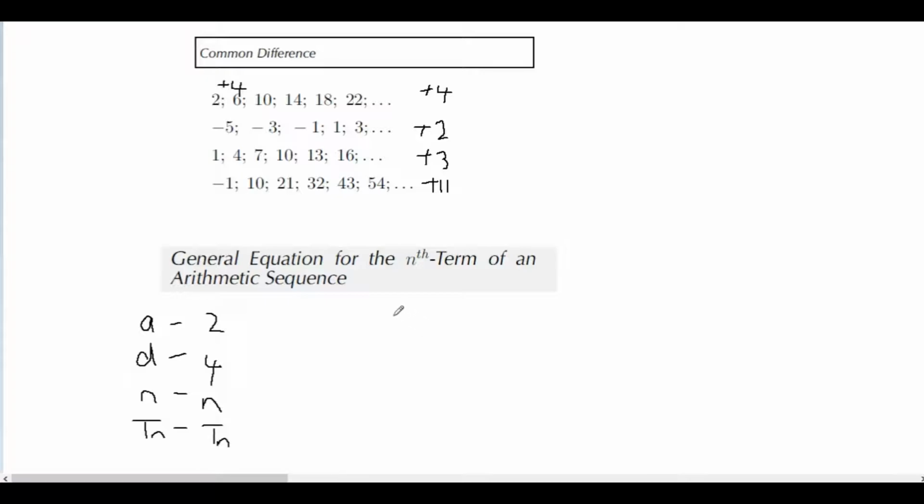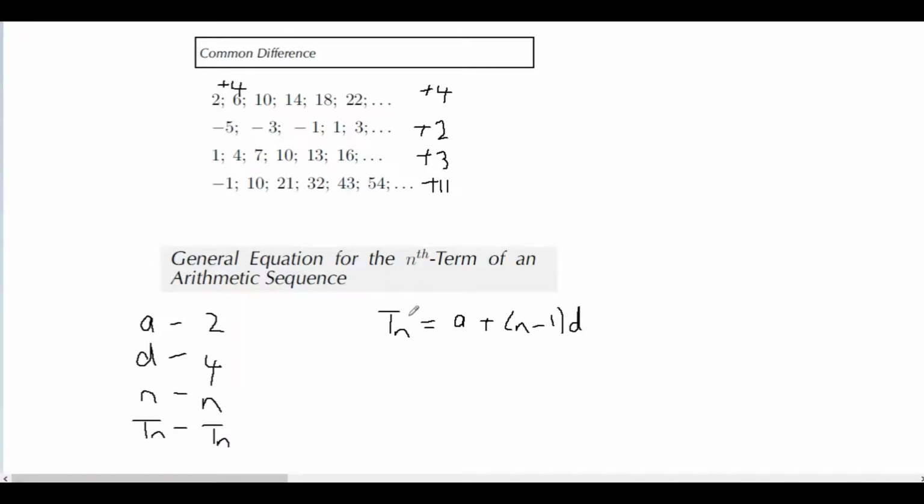So our general formula, the value of our nth term, is going to be equal to our first term, A, plus the bracket n minus 1, times D. I can't prove this, because it's going to take a little too much time, but if you really want me to prove this, I'll gladly do it.